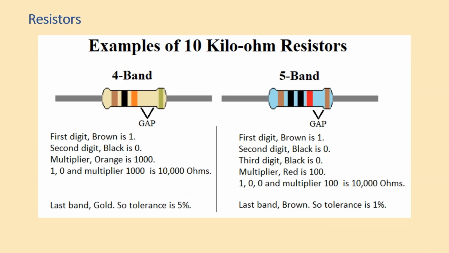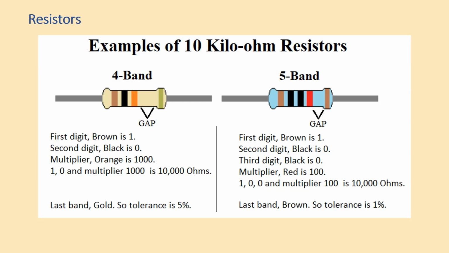And that's all good to know, but why is it some 10 kilo-ohm resistors look different than other 10 kilo-ohm resistors? Well, depending on what type of resistor you have, it could be marked with a different number of bands, and that will change some of the colors you see for a specific resistance value. This diagram shows two examples of a 10 kilo-ohm resistor. One of them has 4 colored bands, and the other has 5 colored bands.